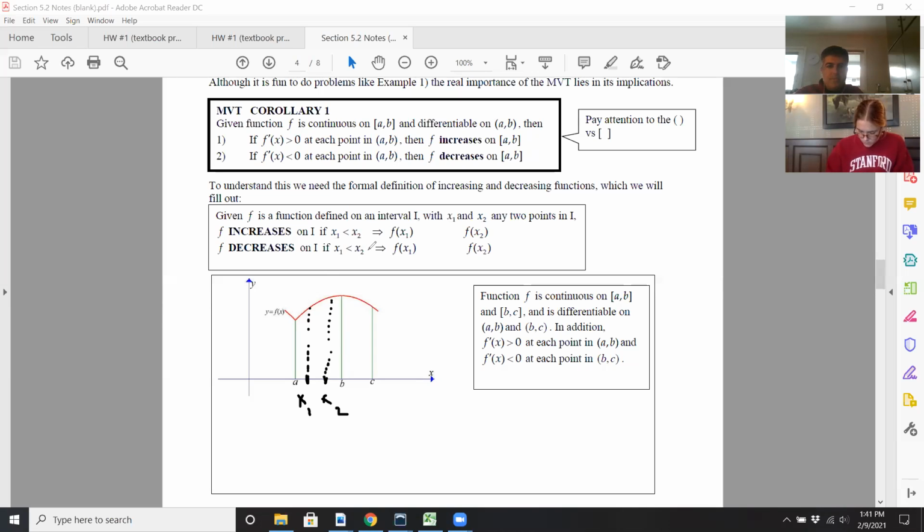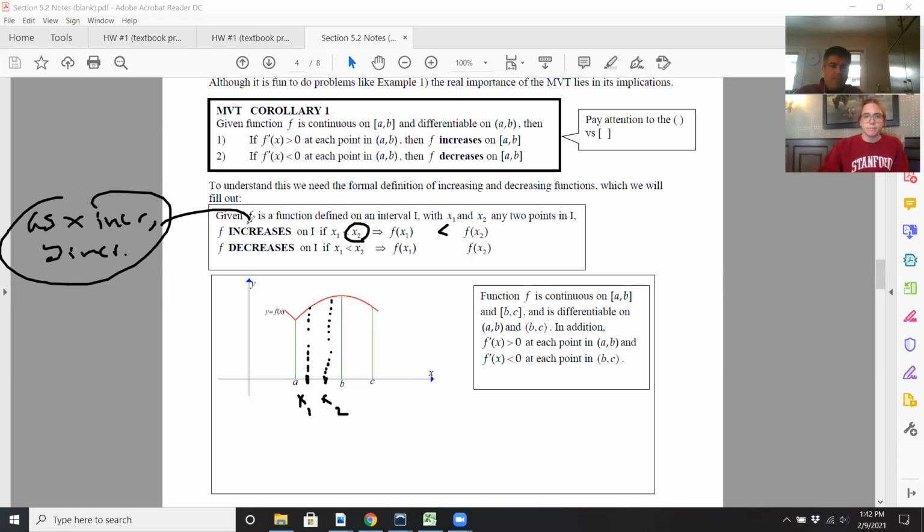So when this happens, we say that we're increasing. When your y value at x2 is bigger than your y value at x1, assuming x2 is bigger than x1. So if you plug in a bigger number and the y value is also bigger, so essentially as x increases, y increases. That's what's meant by increasing. So they're both increasing at the same time.